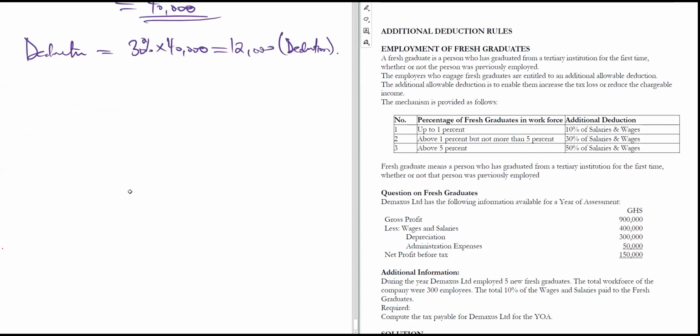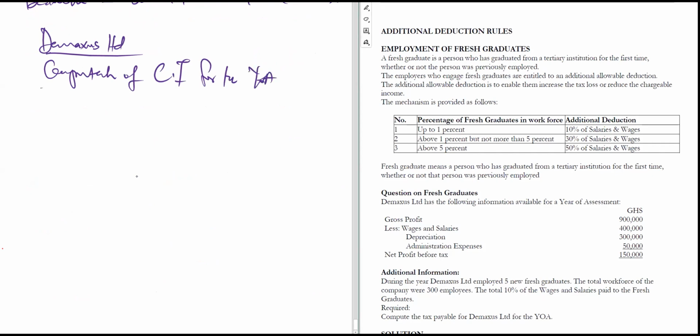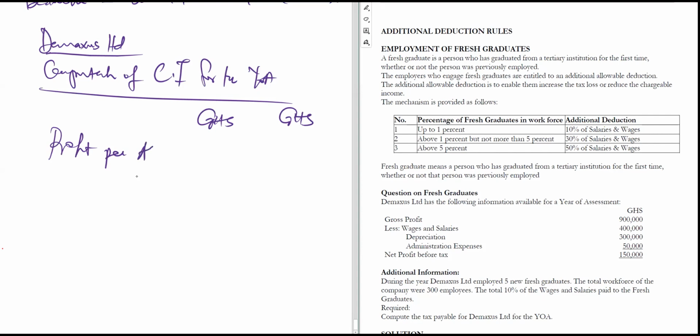So let's go and compute our profits. The Maxus Limited, computation of chargeable income for the year of assessment. So what's the profit per the account? 150,000, right?